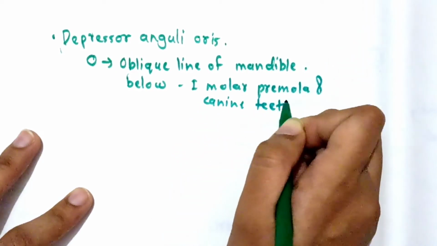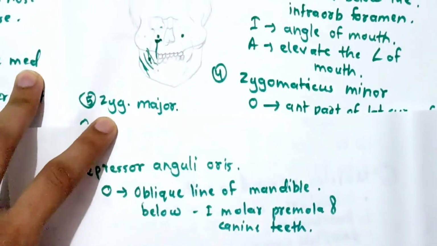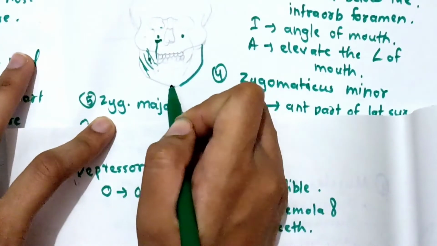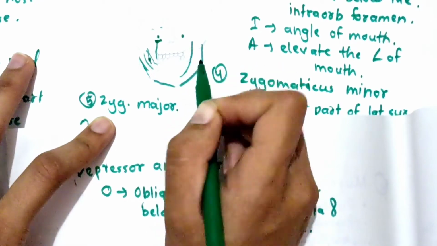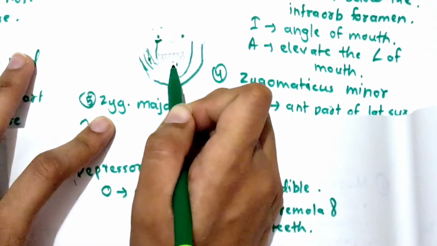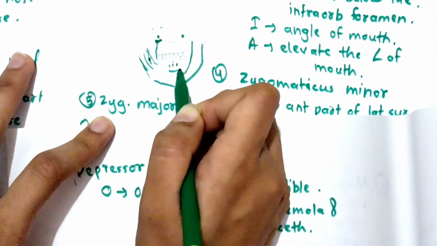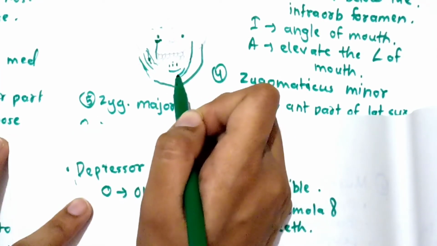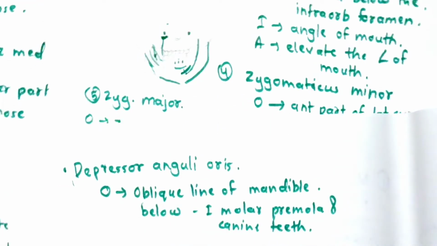Below these teeth on the oblique line of mandible. So where is the oblique line of mandible? In this diagram you can see this is the mandible. Okay, this one is the oblique line. So these are the teeth. Suppose this is first molar, then premolar, then canine. So below these teeth on the oblique line, the origin will be somewhere here.